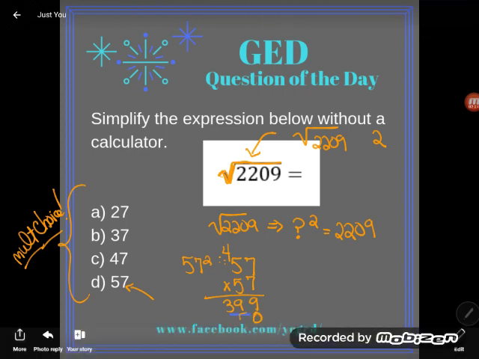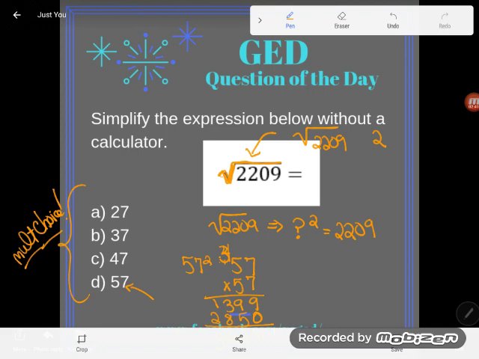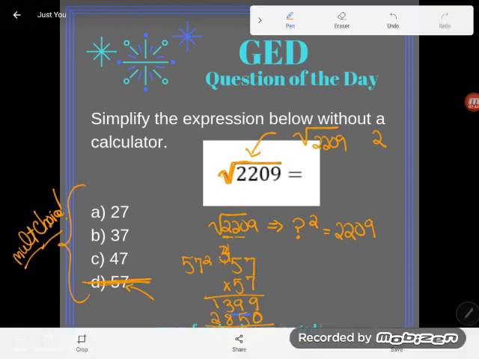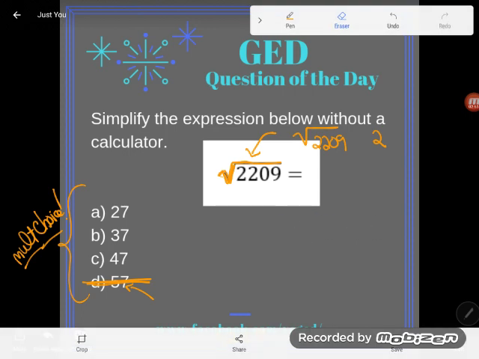And 5 times 7 is 35. I get 3,249. I am too large. 3,249 when I needed only 2,209. 57 is too large. So guessing is a legit method on your GED, but guys, don't guess without checking.